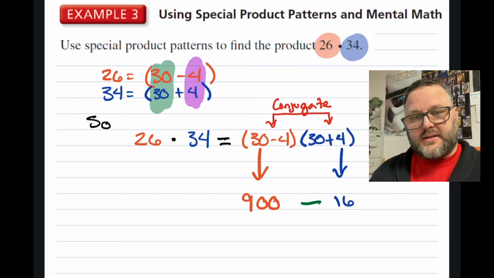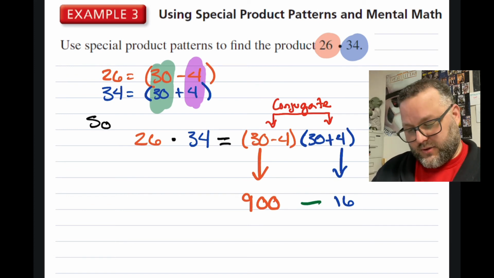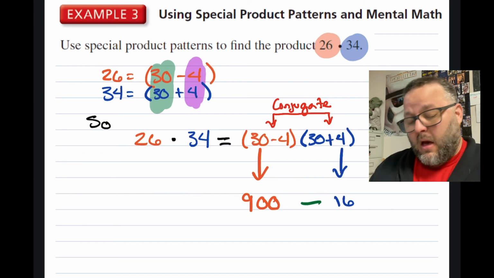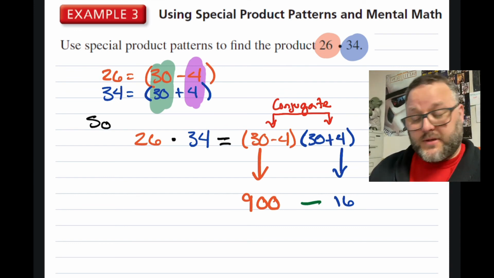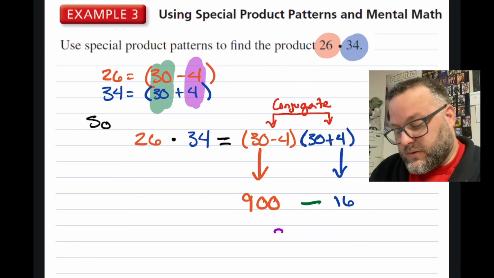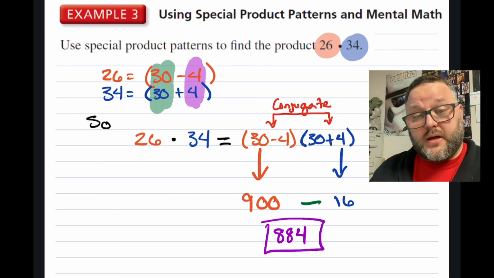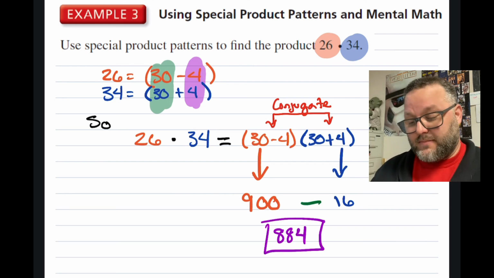Well, if I take 16 away from 900, I get 884. Oh, terribly sorry. I was really trying to hold that one back before I finished here, but that would be my final answer, and that means 884 is 26 times 34.